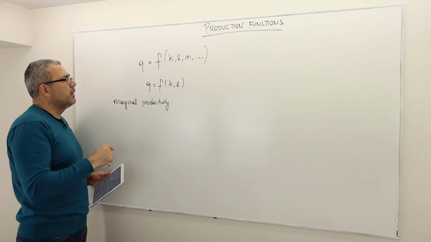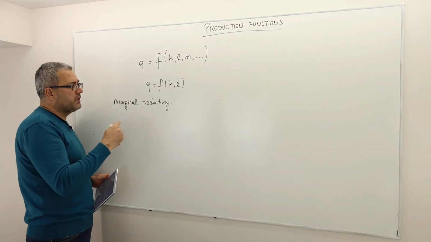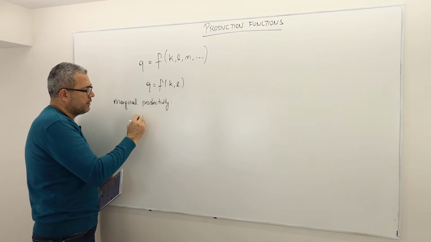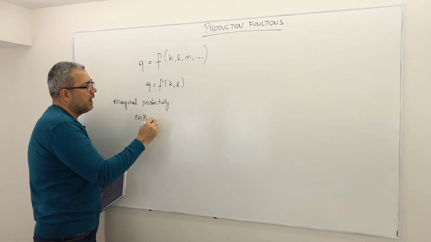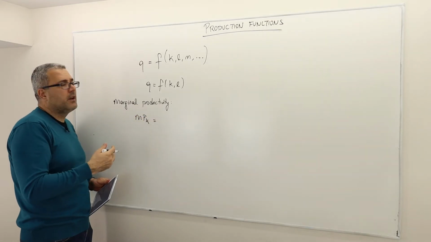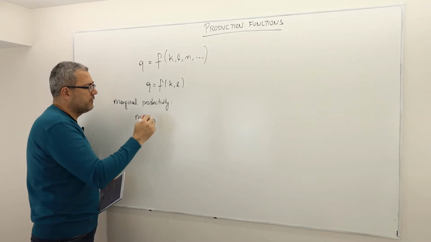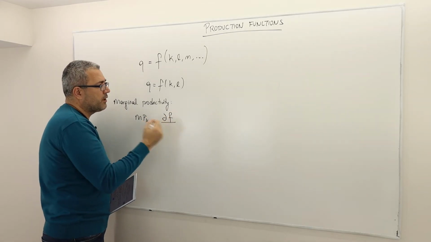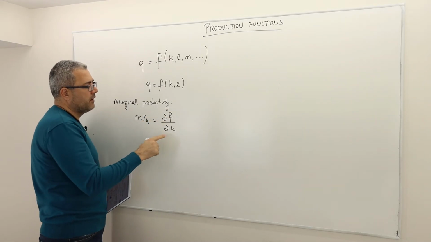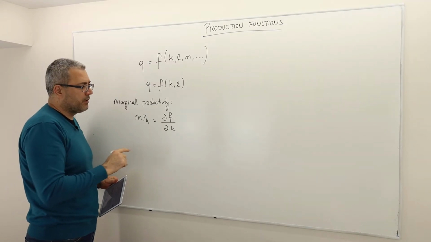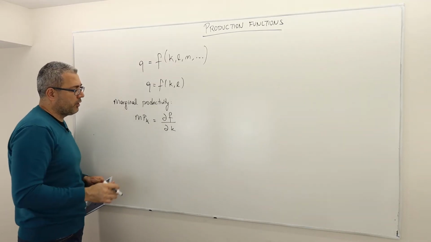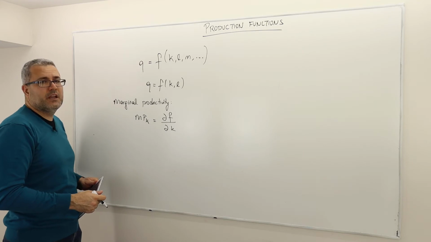So for example, if we're talking about marginal productivity of capital, if the production function is a differentiable function, it's the partial derivative with respect to the variable capital. So therefore, the marginal productivity of capital is del F del K.